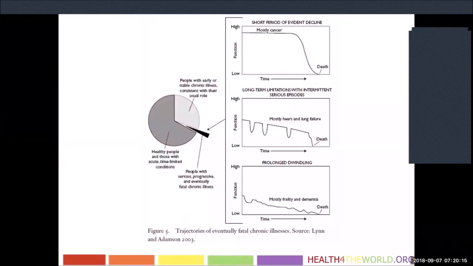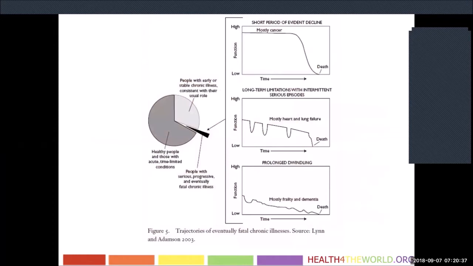Many of you who give other palliative care lectures have probably seen a slide similar to this. When you think about how serious illnesses such as end organ failure, dementia and frailty, and cancer progress to death, they all have different trajectories.